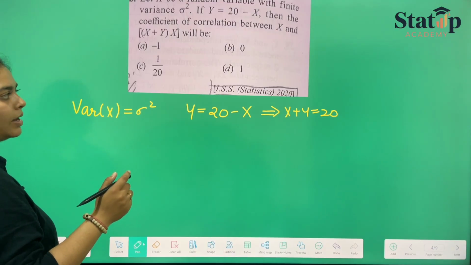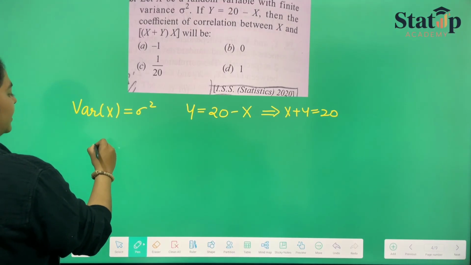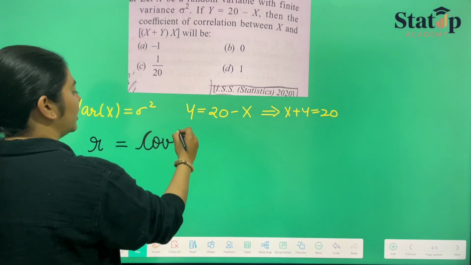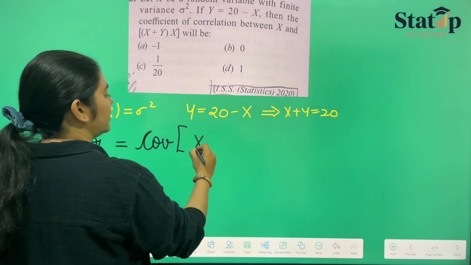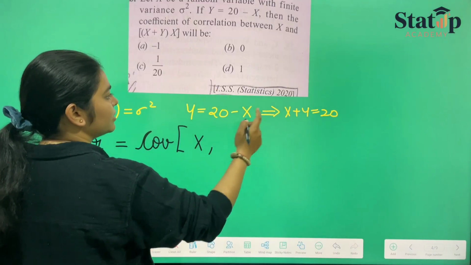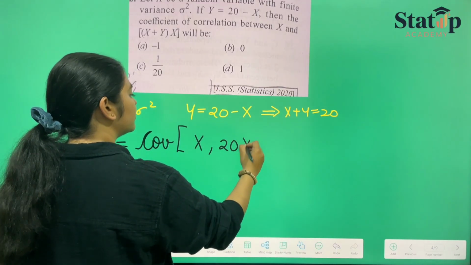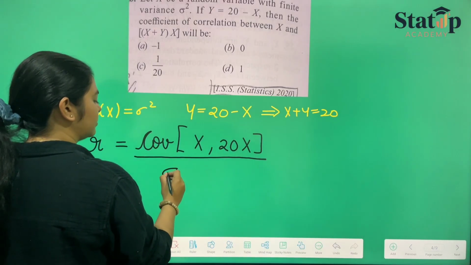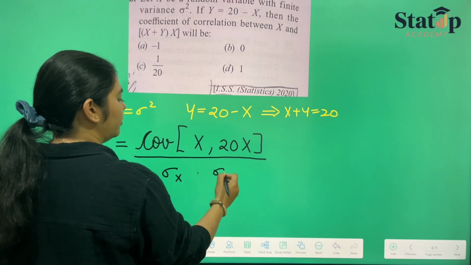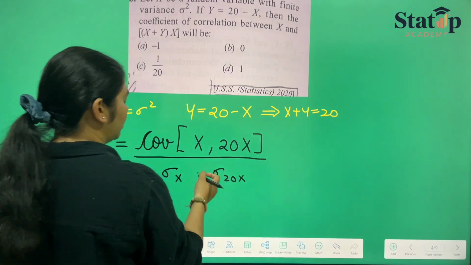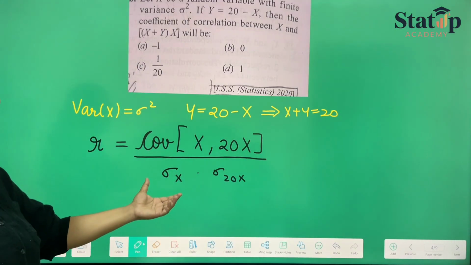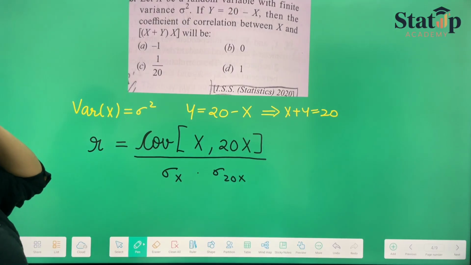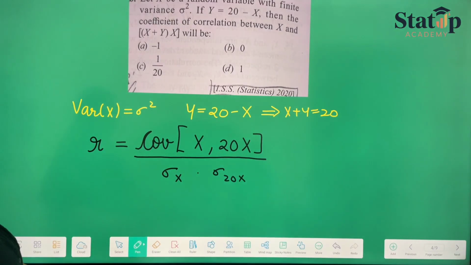Now for the correlation coefficient between x and (x plus y) into x, if I say r, then this will be the covariance between both of them. Covariance between x and (x plus y) into x will be written as 20x, upon standard deviation of x into standard deviation of 20x. So first of all, we have to find the covariance between x and 20x.